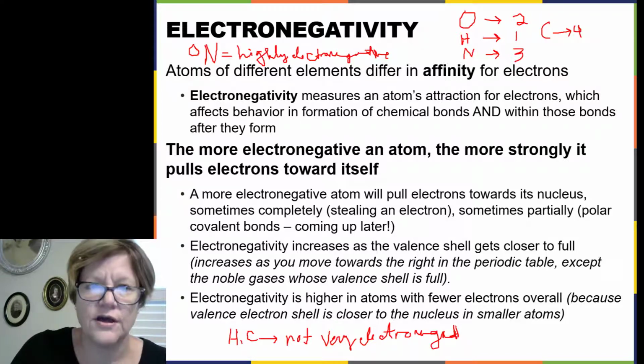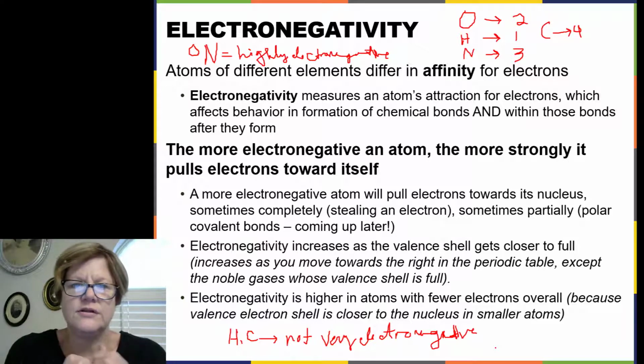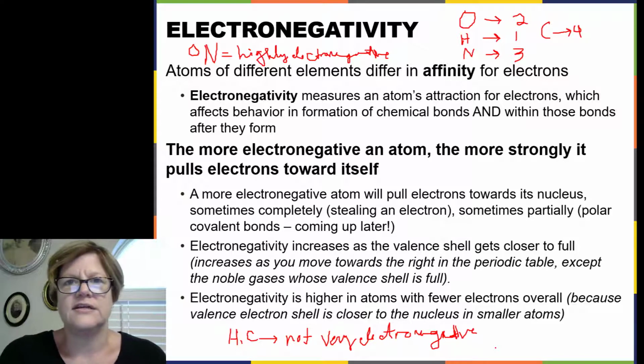So you want to remember that the oxygen and the nitrogen are very electronegative. Sometimes I call it electron greedy. They really want those electrons. Some atoms like hydrogen and carbon, you know, they'll share them very nicely.